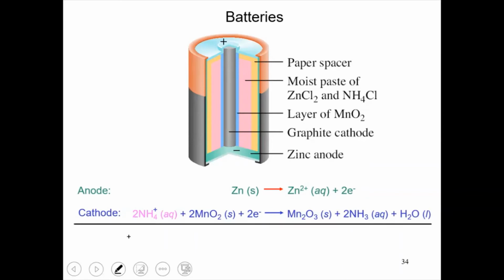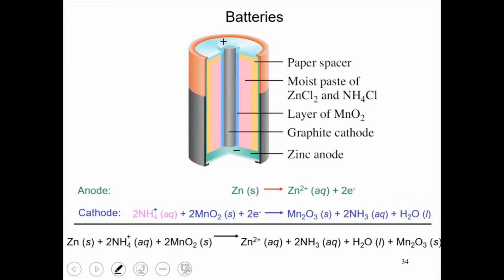And so if we add those up, you can see where the electrons will cancel out and you get a major reaction going on here where zinc is being oxidized, the manganese is getting reduced, and the ammonium ions are also being converted to ammonia.